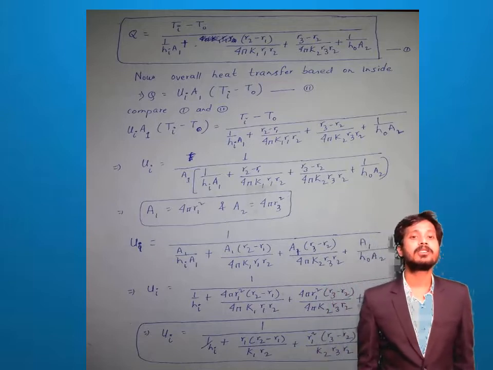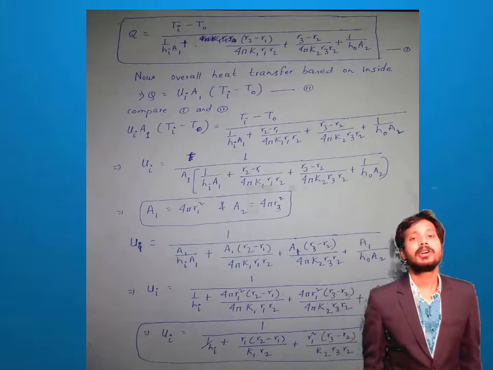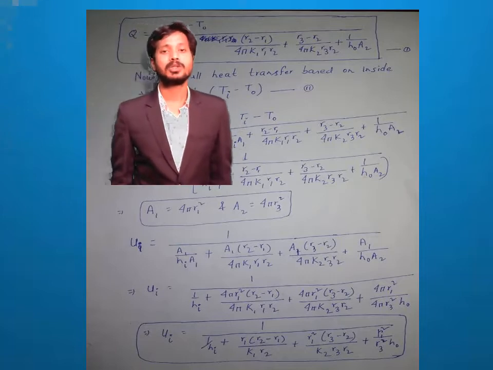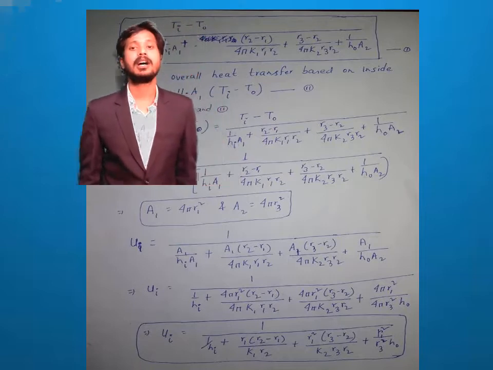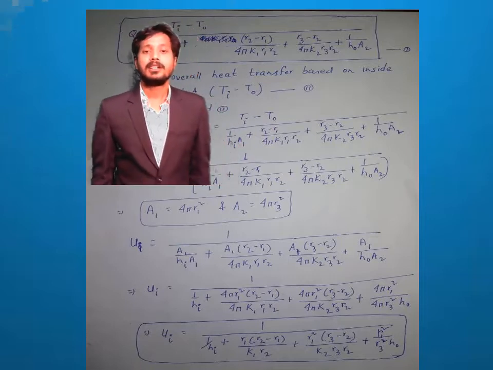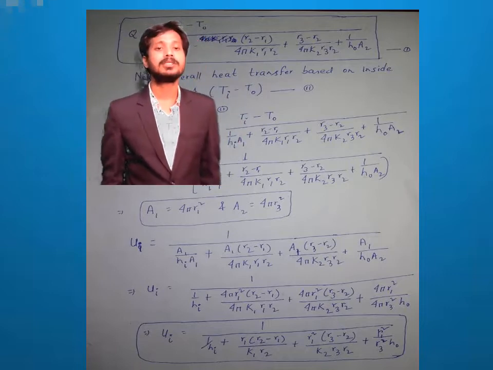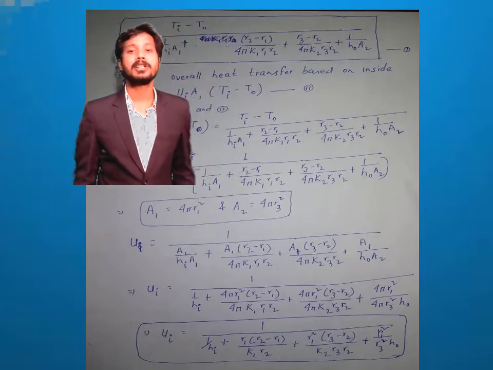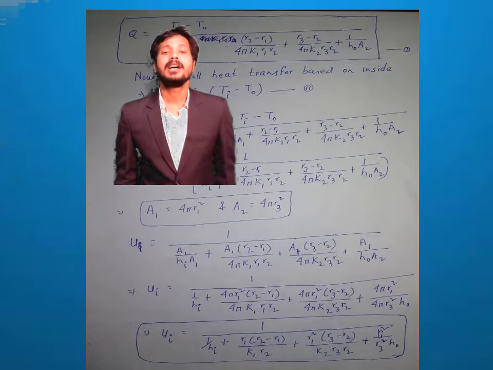So we can write Ui equals 1 by A1, taking A1 to the right hand side, within the bracket: 1 by Hi A1 plus R2 minus R1 by 4 pi K1 R1 R2 plus R3 minus R2 by 4 pi K2 R3 R2 plus 1 by H naught A2. Now if we take this A1 inside the bracket and put in the values, we know the value of A1 is 4 pi r1 square, and the value of A2, the outside area of the sphere, is 4 pi r3 square.